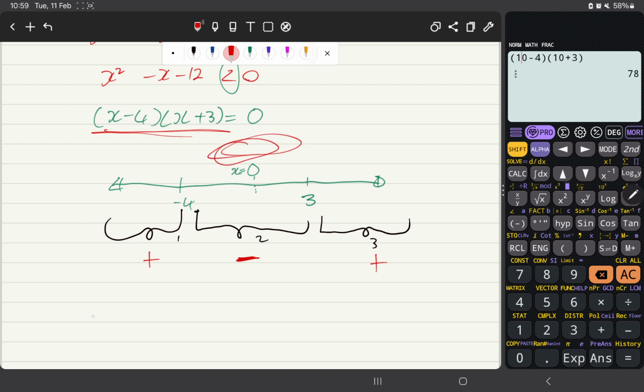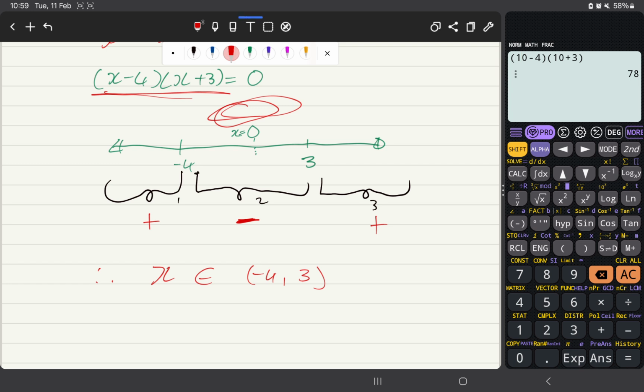So now to answer this question, I will say therefore x is an element of, x is going to be between these values, and you're going to make those curved brackets, because of course our -4 and 3 are not included.